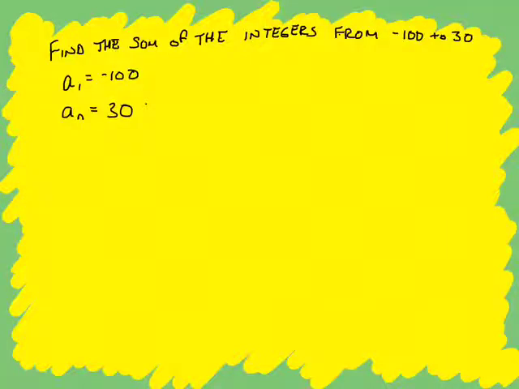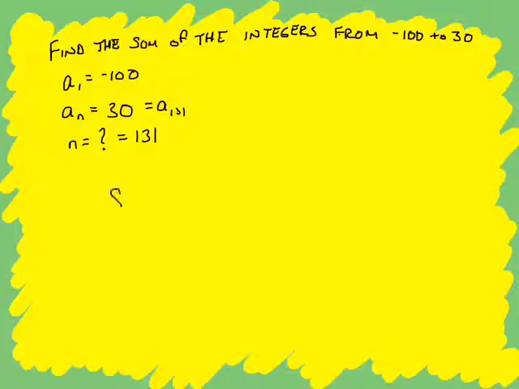The tricky part is finding out what n is. Now, the common mistake here is to say, well, we've got 100 negative numbers, we've got 30 positive numbers, but the truth of the matter is we also have a 0, which is neither positive nor negative. So n is actually 131 terms. Okay, so this would be considered a sub 131 now.